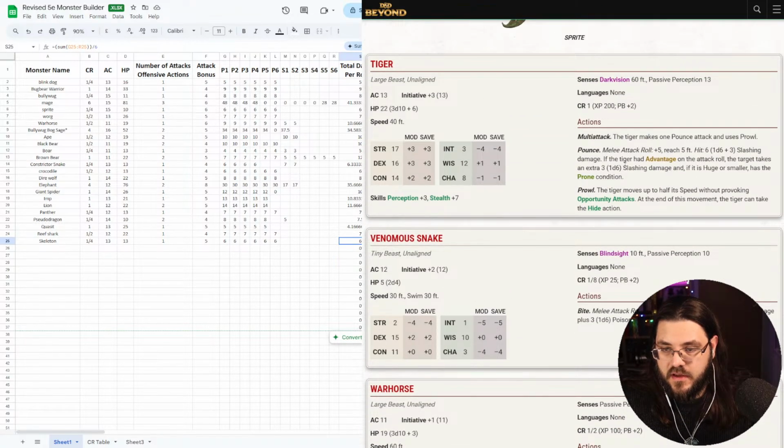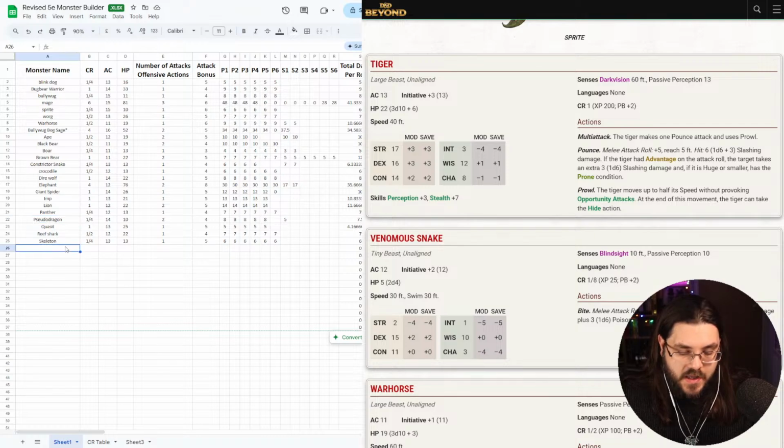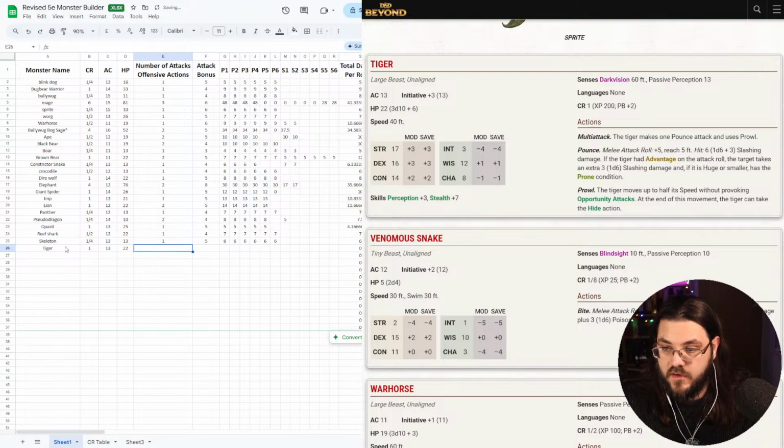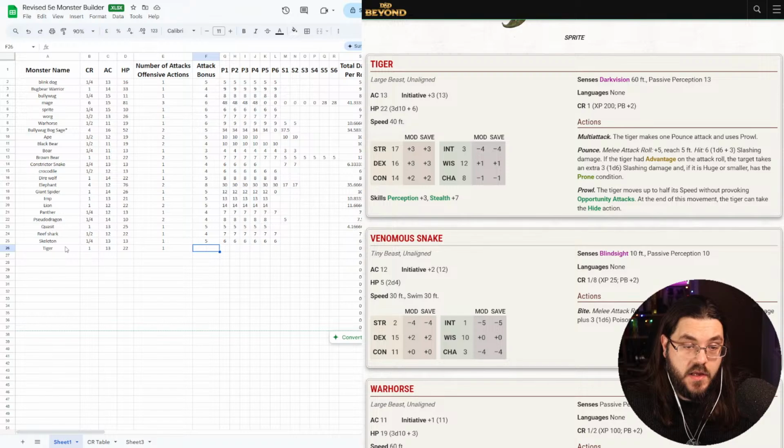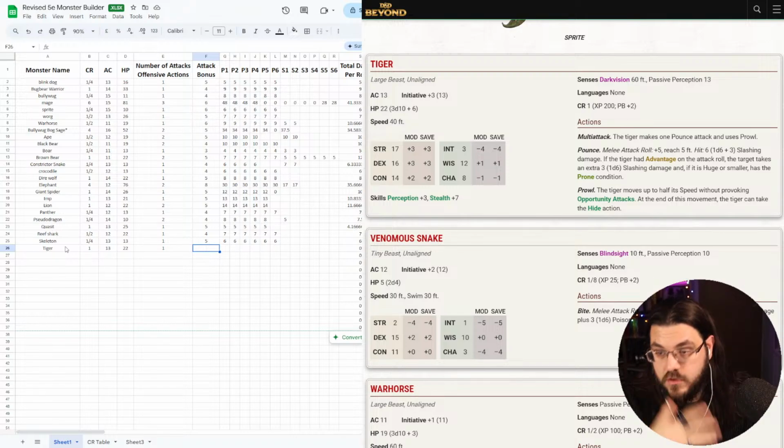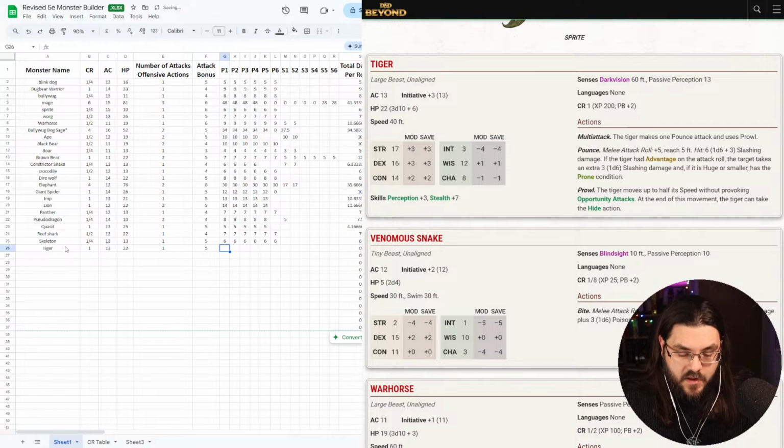Anything else in here? No, we'll do Tiger. This is a CR 1. 13, 22. Number of attacks is a pounce and a prowl, very similar to the Panther. So the pounce is going to be 6, 9. Again, assuming that it has always got advantage and it's always operating at the max damage that it can do, which would be 9.